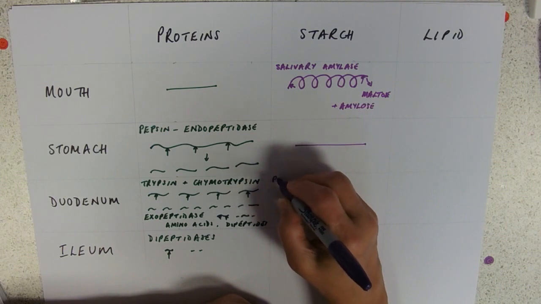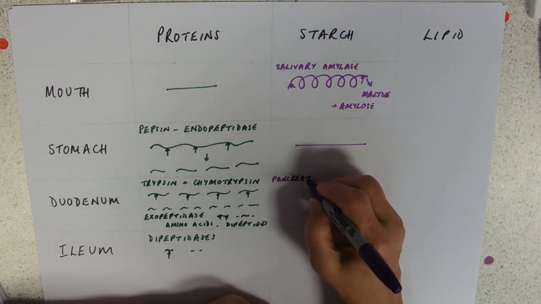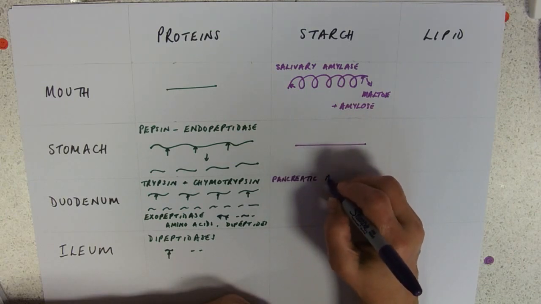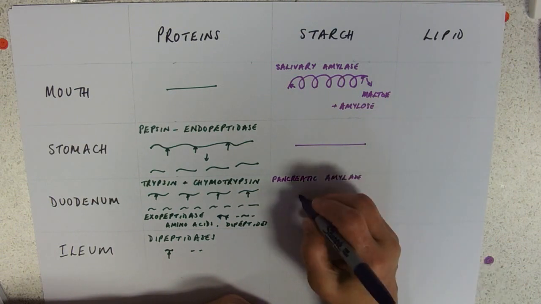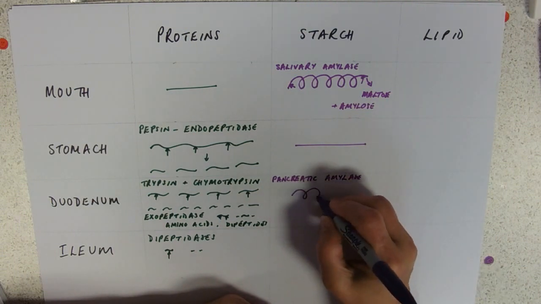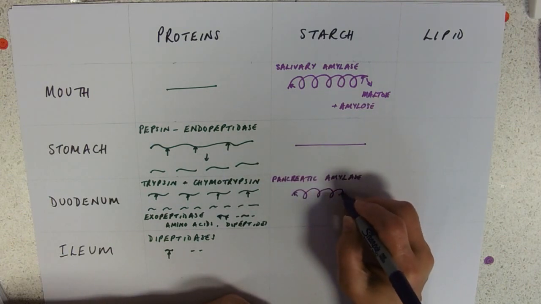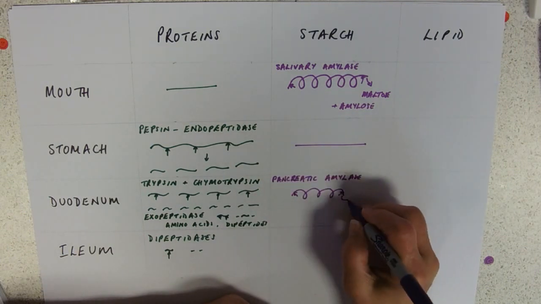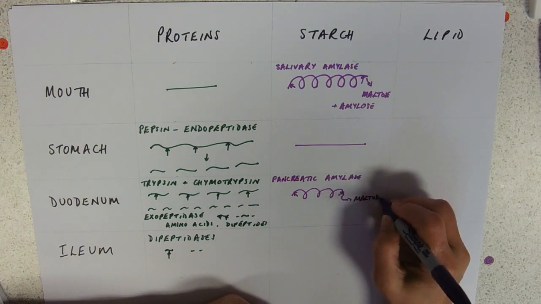So then we've got pancreatic amylase, from the pancreas. Remember now we've got shorter strands really, depending on how long your food's been in your mouth. That's again going to release maltose.